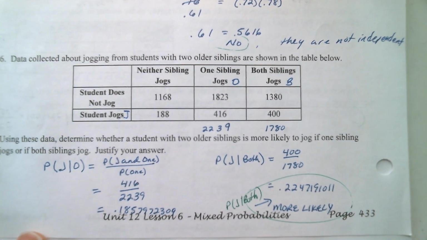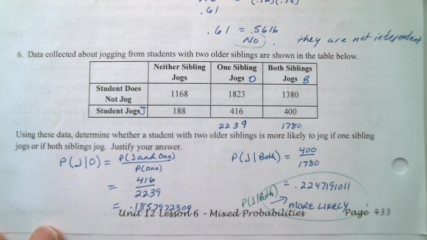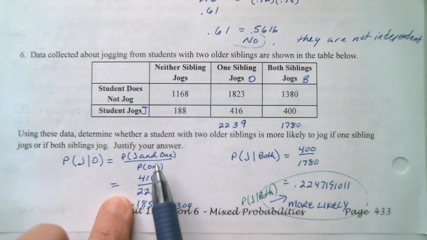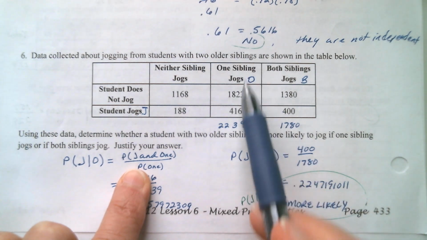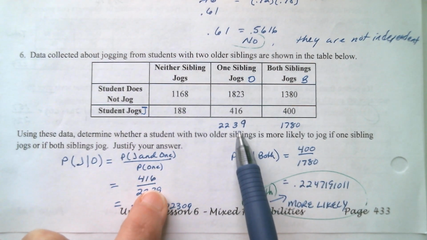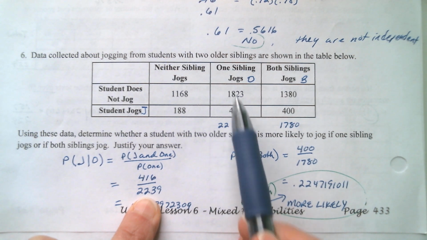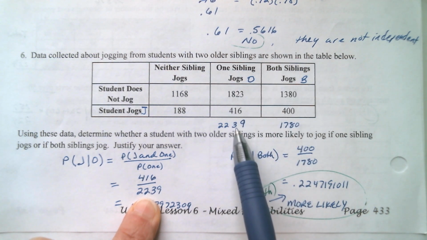Number 6, probability of the student jogs, given that one other sibling jogs, is the total for the denominator, which is 2,239. Yeah, you had to put the totals in here.